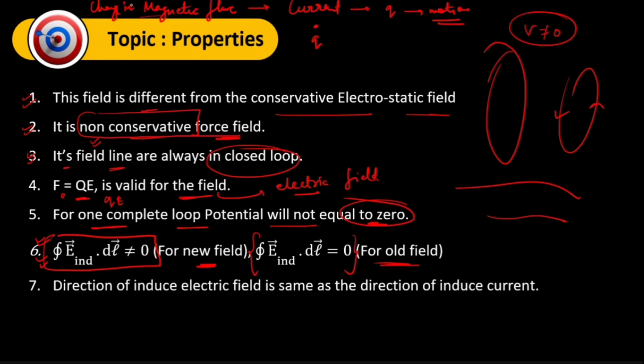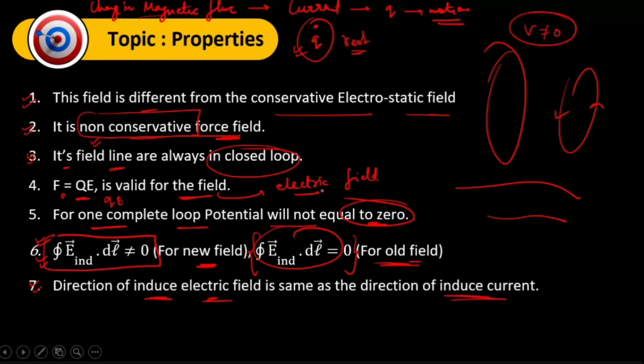But if there was no magnetic flux change, the charge would stay at rest. If it stays at rest, we can say for the old field it is going to be zero. Similarly, the direction of induced electric field is the same as that of induced current. So in whichever direction you observe the current, in the same direction we will observe the electric field as well.